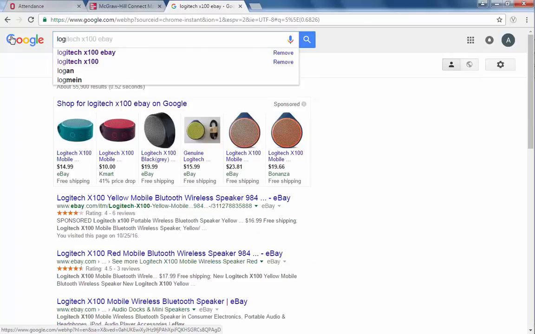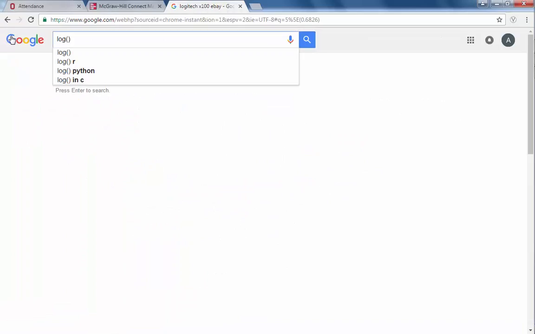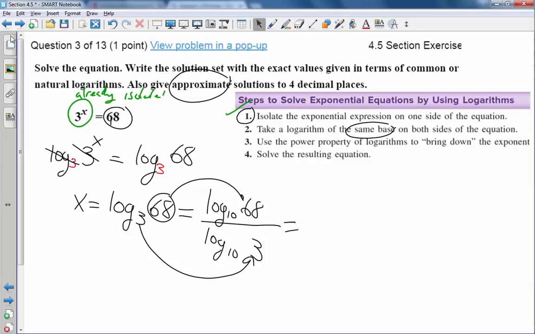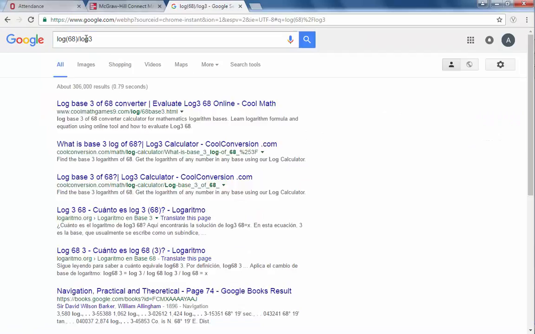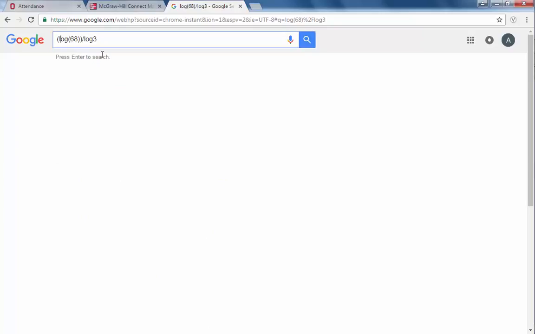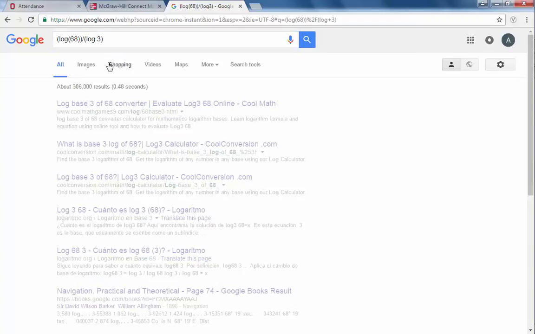Log, what was that? log 68 divided by log 3, right? Alright, it's not that smart, so let's get smarter by putting parentheses, maybe separate this out.